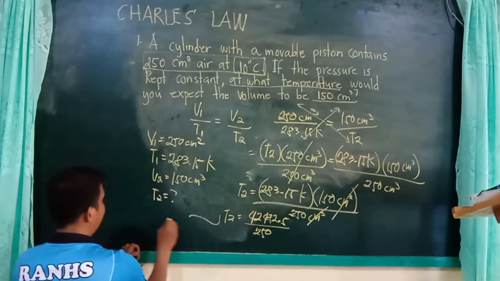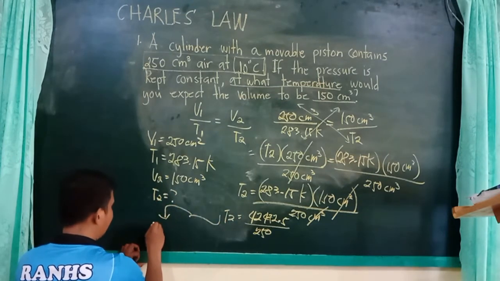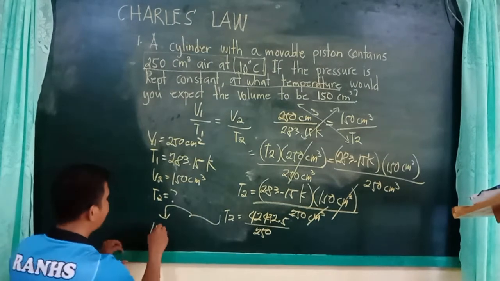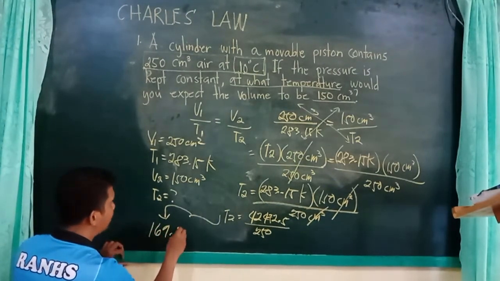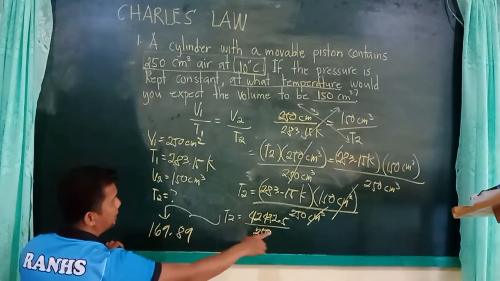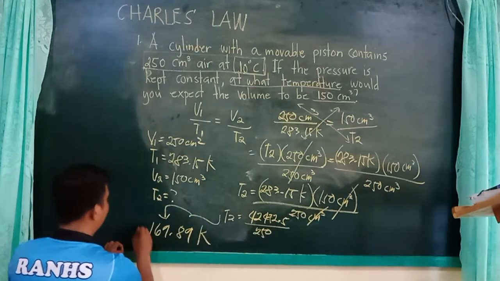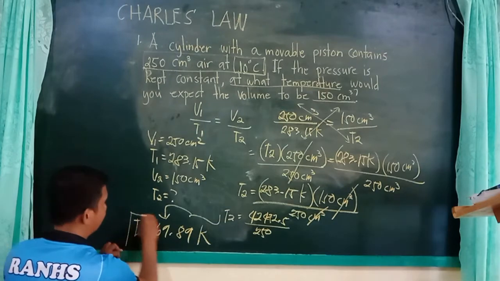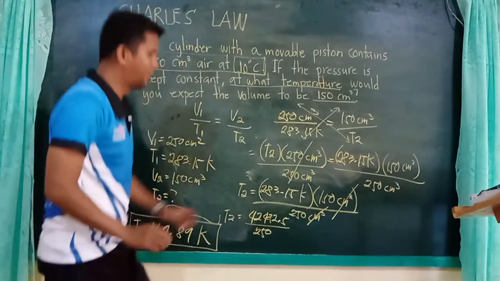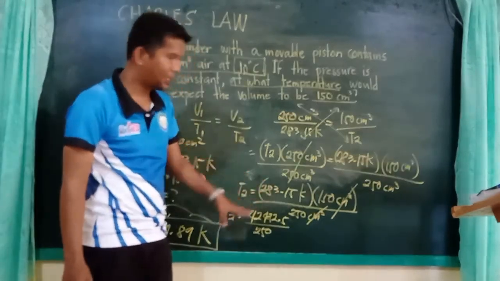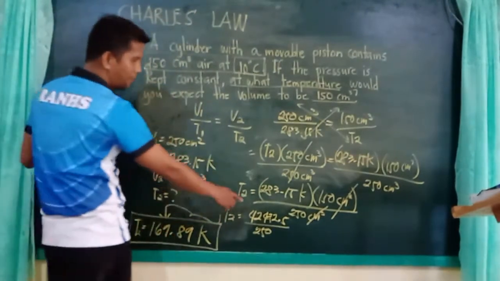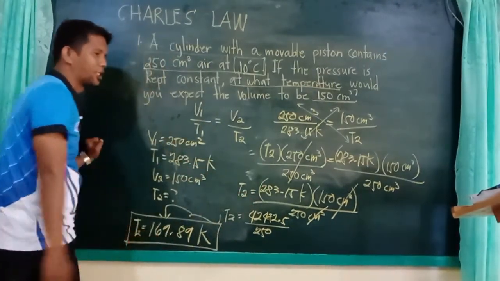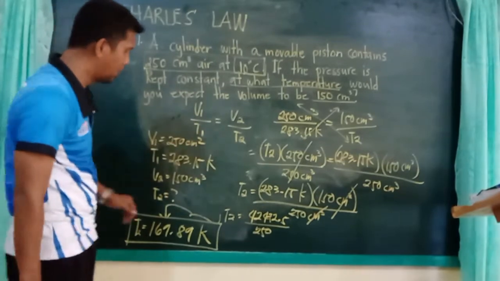So our answer is 169.89 Kelvin. That is our temperature 2. Try using a calculator to make the computation easier, because this can't be done with mental math.